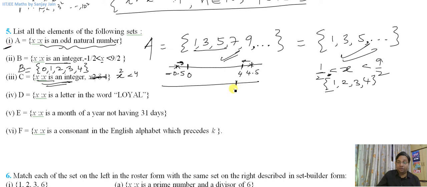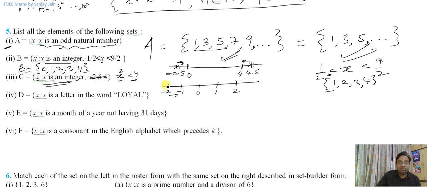So if you have got 2, the square of 2 will be 4. Okay, similarly, square of minus 2 will also be 4, but the square of x should be less than 4. It should not be 4. So after this 2, I'll have my integer as minus 1. After this, I'll have 0. After this, I'll have 1.